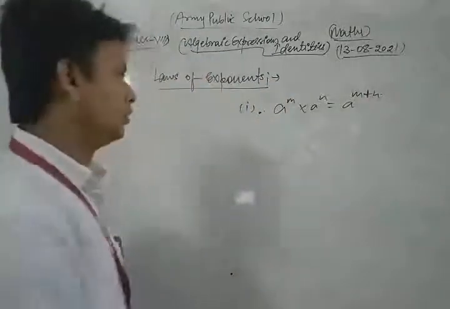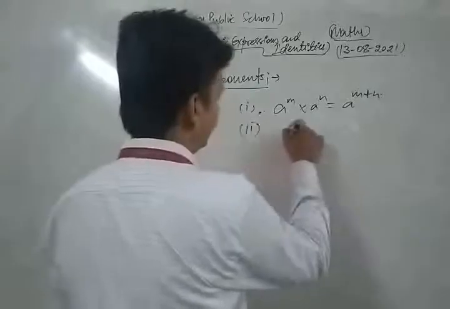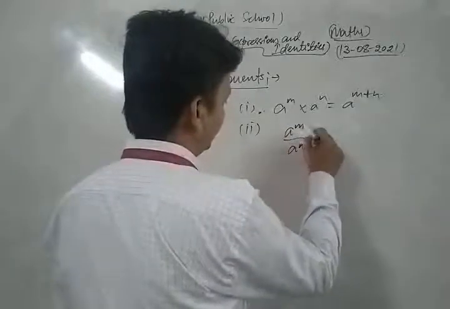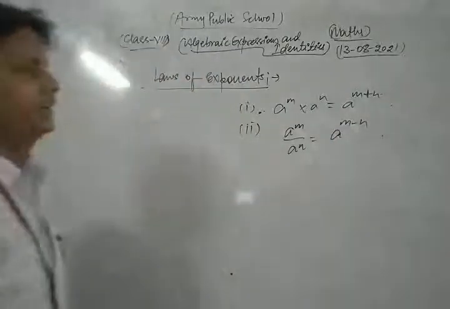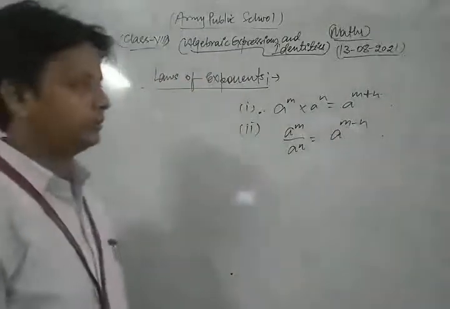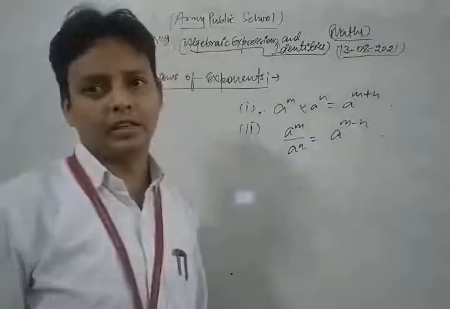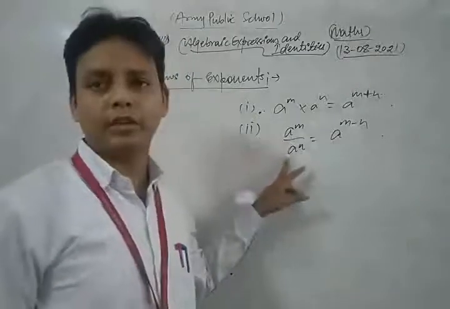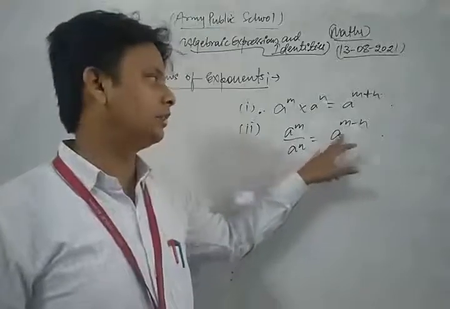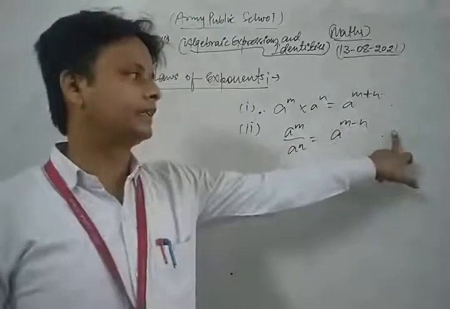Okay, now the second one is: if we write a to the power m upon a to the power n, then we write that a to the power m minus n. So a to the power m upon a to the power n means a to the power m minus n.